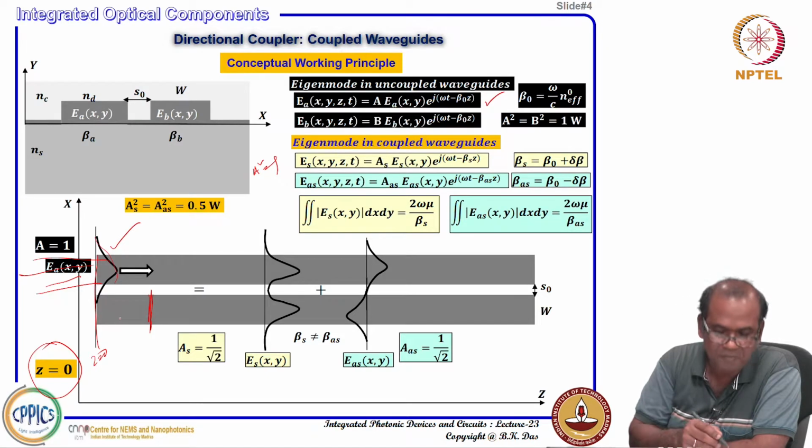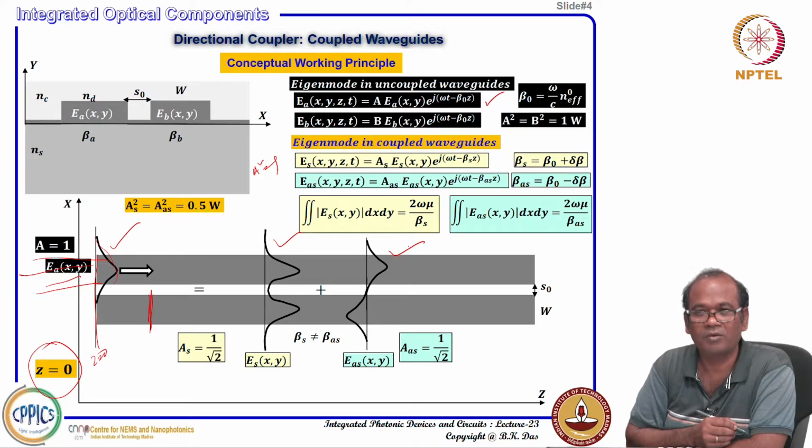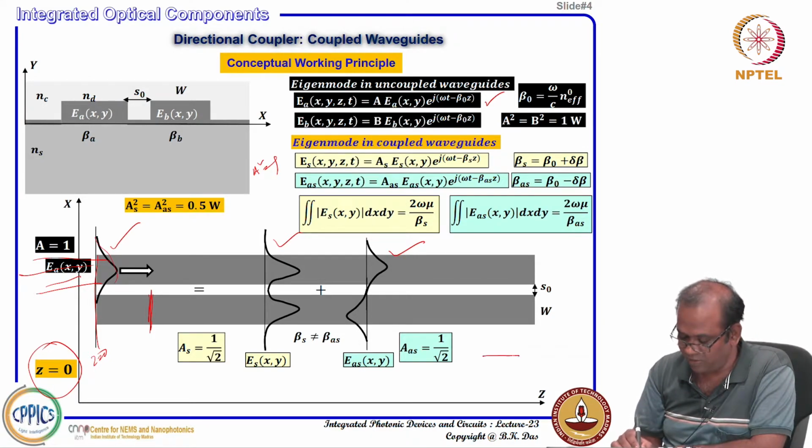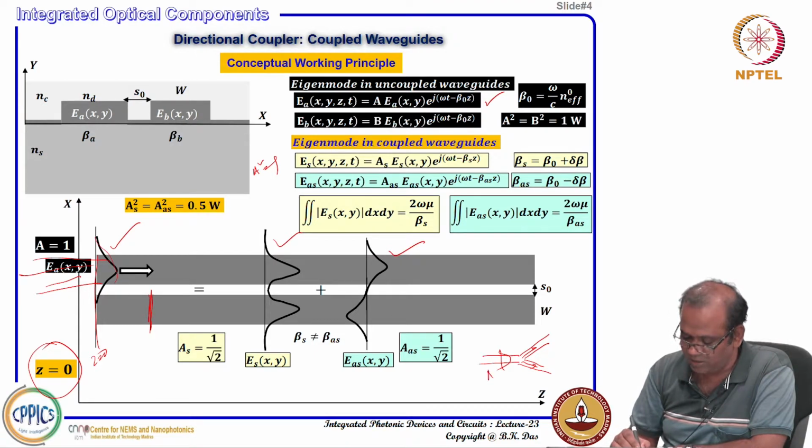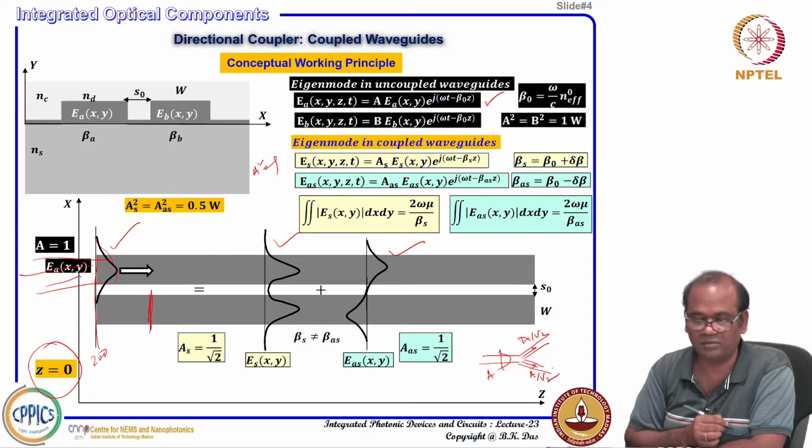You know the combined waveguide has two solutions. Whenever you consider a Y junction waveguide, the fundamental mode comes in and you have two paths. If it is a lossless adiabatic one and the amplitude A comes in, then it will be A by root 2 in each arm because of the two paths.